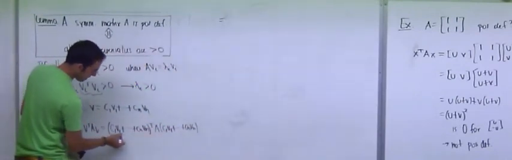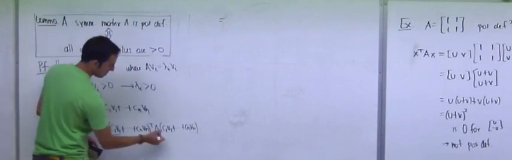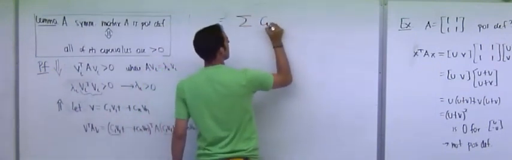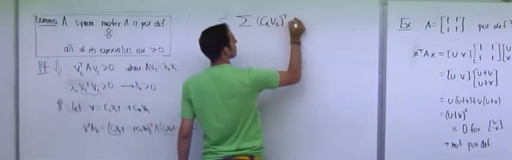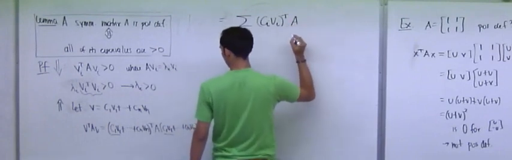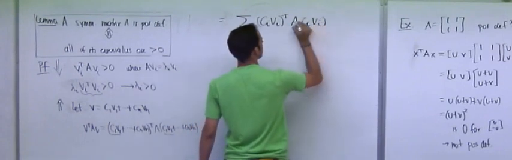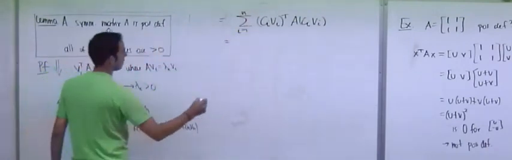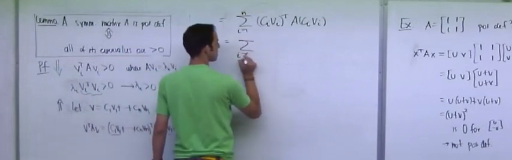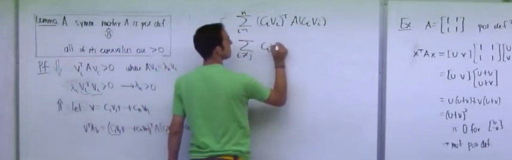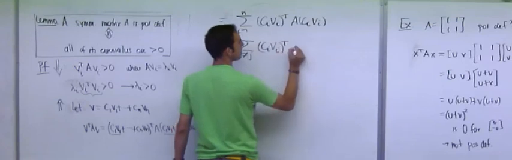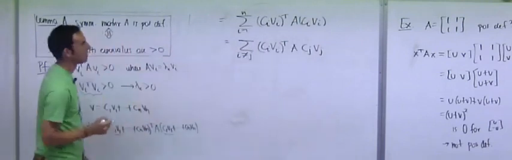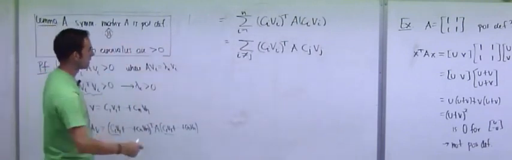Well, for example, I get C1 V1 transpose A C1 V1. And in general, I get Ci Vi transpose A Ci Vi from i equals 1 to n. Okay? And then I get the things with i different from j, where I pick up Ci Vi transpose A Cj Vj. Okay? Sorry, this is plus.